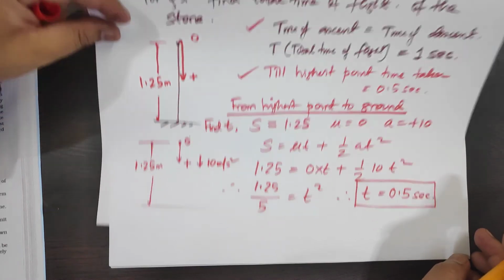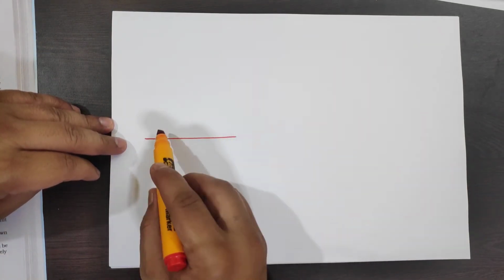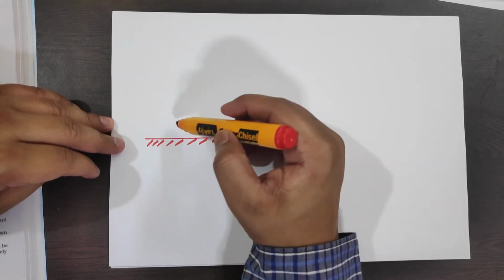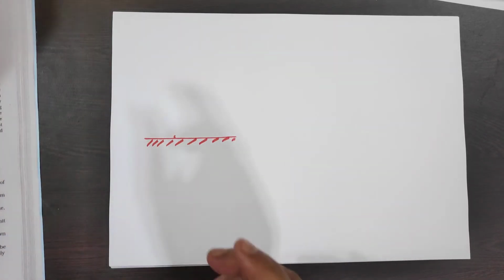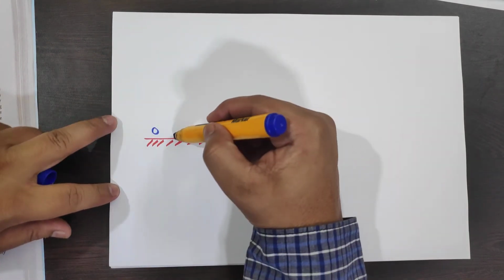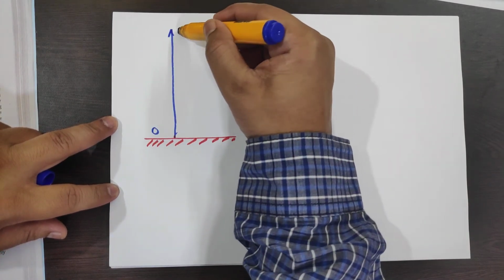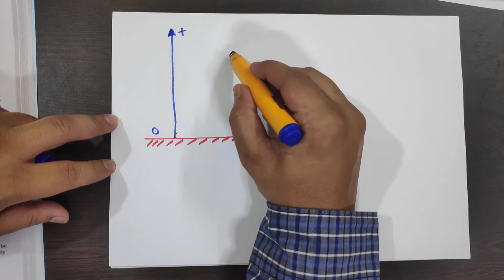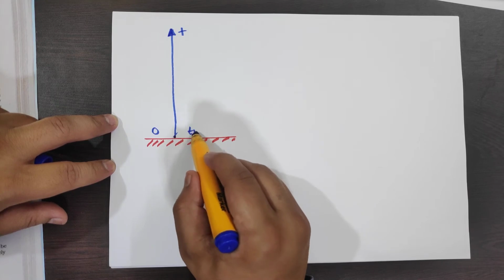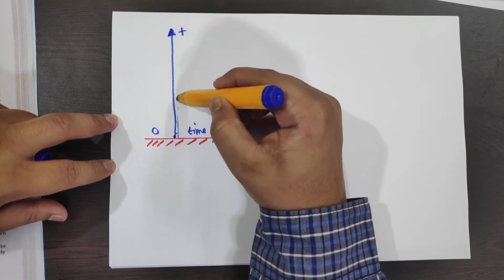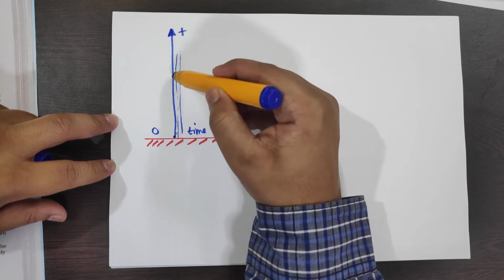Okay. Now there is one more way of solving the problem, where you do not have to change the 0. There, what you have chosen is that this is the 0, this is the positive direction, and that is time 0. When it is thrown, it is time 0. So find the value of time when it reaches here.